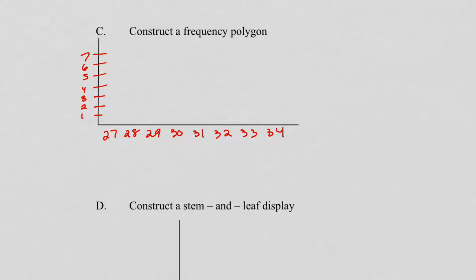Now, this time we're just going to do the dots. So 27 has 1. 28 has 7. 29 has 4. 30 has 3. 31 has 2. 32 has 3. 33 has 3.